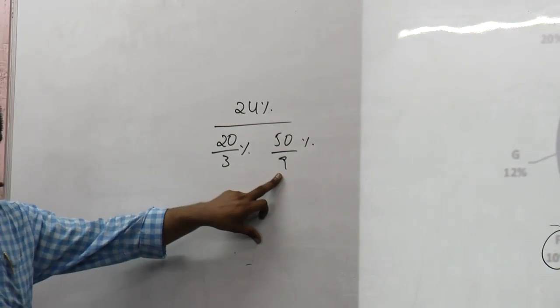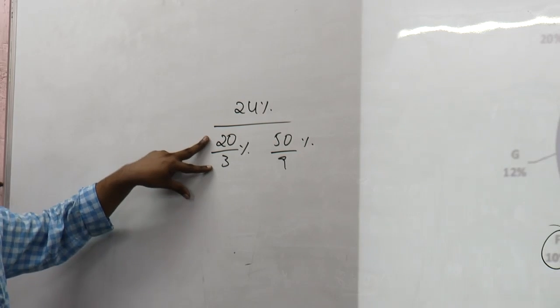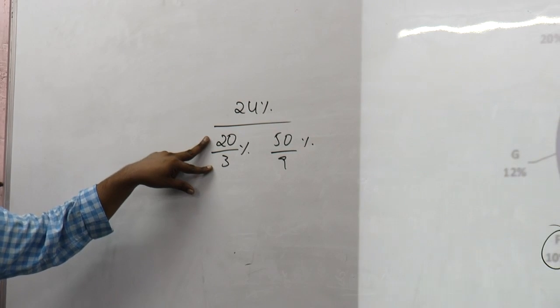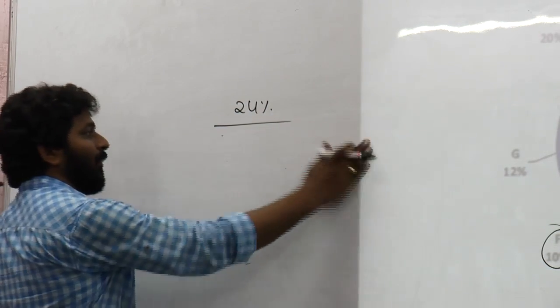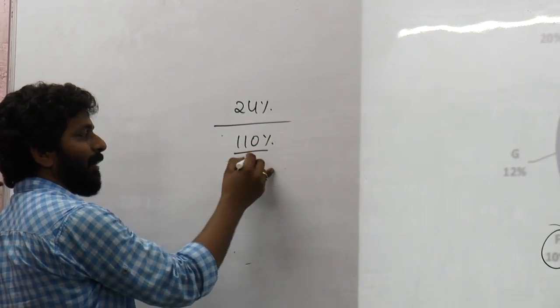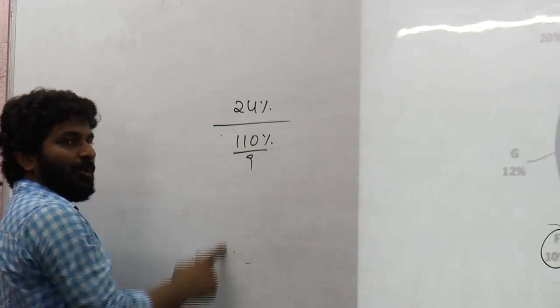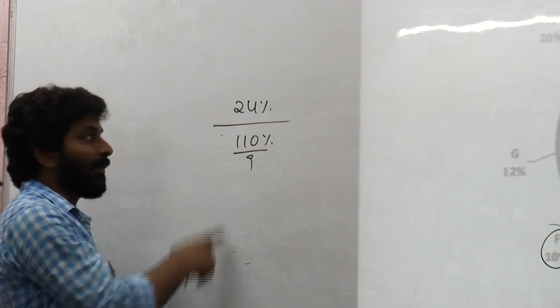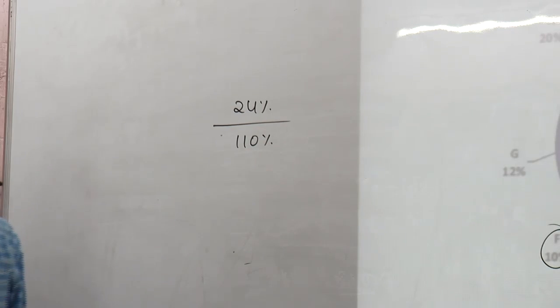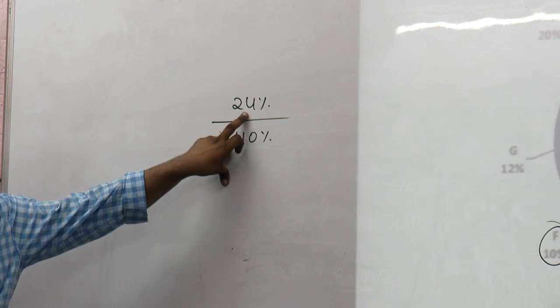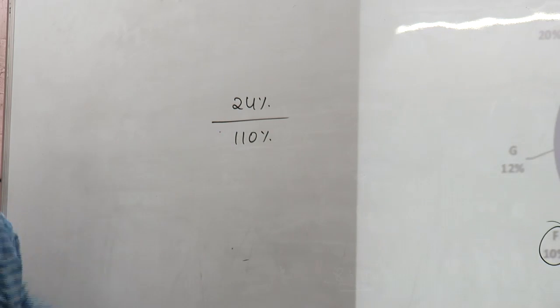As my denominator is 9, can I write this as 60 by 9? 60 by 9 plus 50 by 9, 110 by 9. 110% by 9. 9 comes to numerator. 24 9 times. 24 10 times minus 1 time. 10 times of this number 240 minus 24, 216.